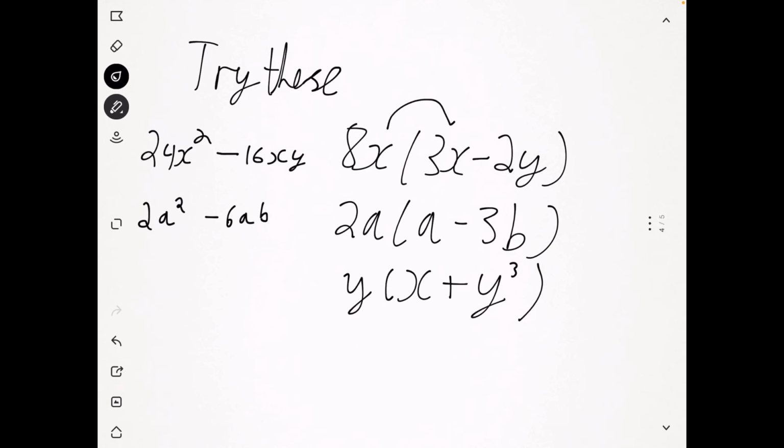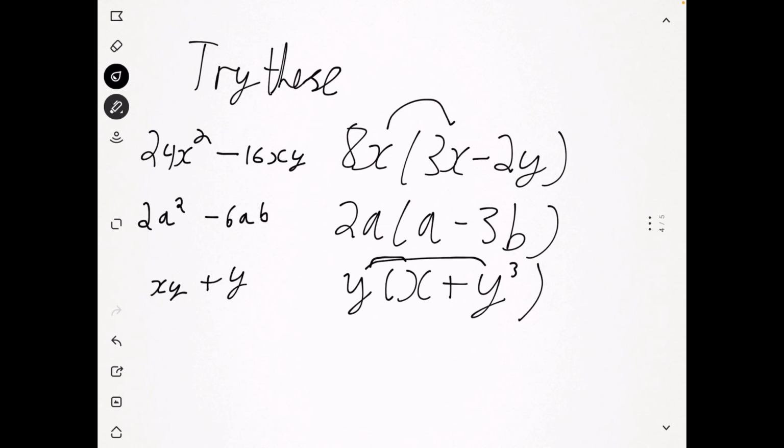Remember, as the variables are multiplied, we need to make sure they're together, because that's basically how we write it. And then y multiplied by x would be xy or yx, but usually you would prefer to write it in alphabetical order. And then y multiplied by y cubed would equal y to the power of 4.